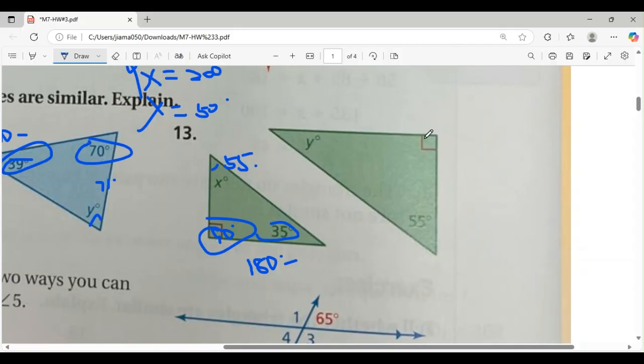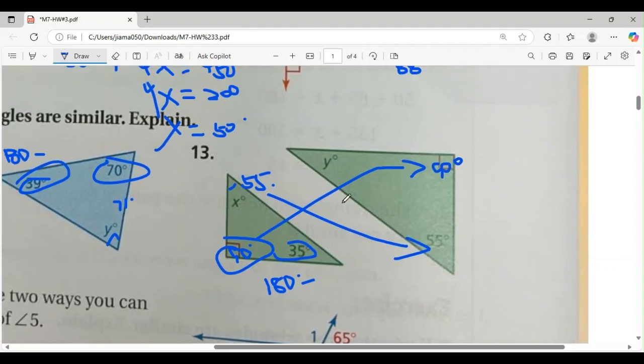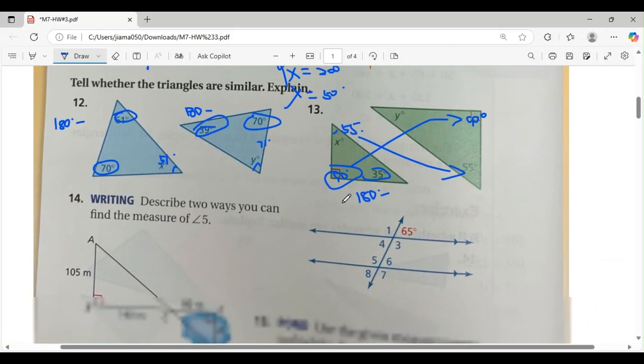Okay, so in the other triangle we can see they have two same angle measures, 90 degrees and 55 degrees. So which means they are similar. Okay.